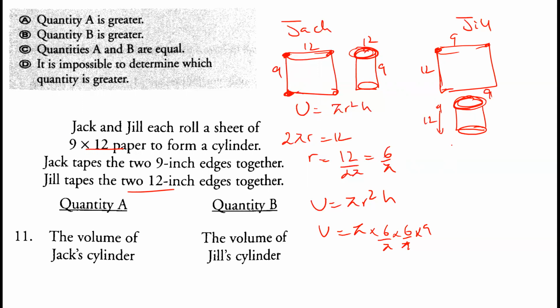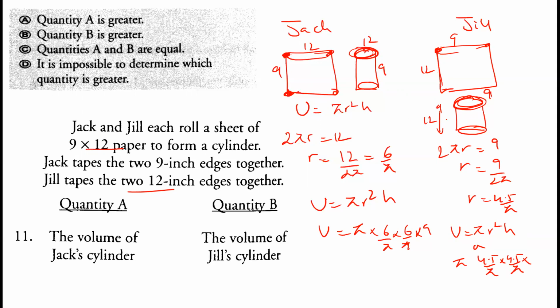So what will be the radius? 2 pi r, the circumference, equals 9. So r equals 9 upon 2 pi, or r equals 4.5 over pi. The volume would be equal to pi r square h, or pi r square would be 4.5 over pi into 4.5 over pi, and height is your 12.